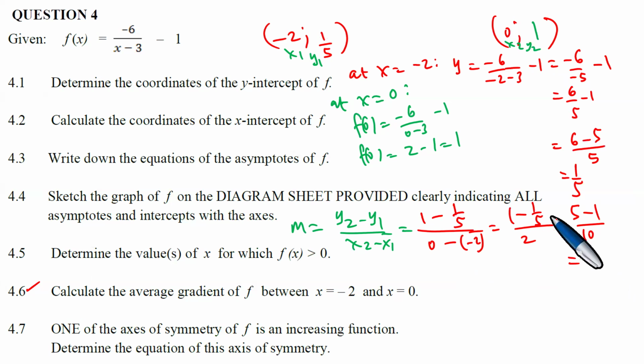You multiply the top by 5, the bottom by 5, giving us 4 out of 10. 4 out of 10 gives us 2 out of 5. Let's check this one. It is correct. So this means that the average gradient is 2 out of 5.